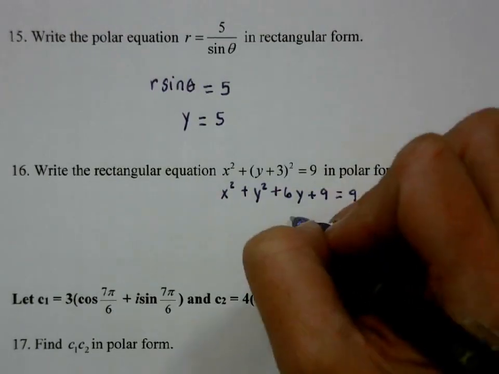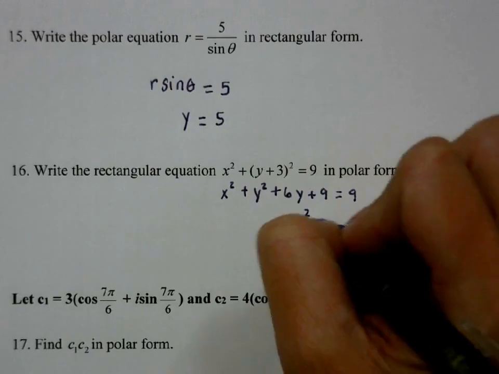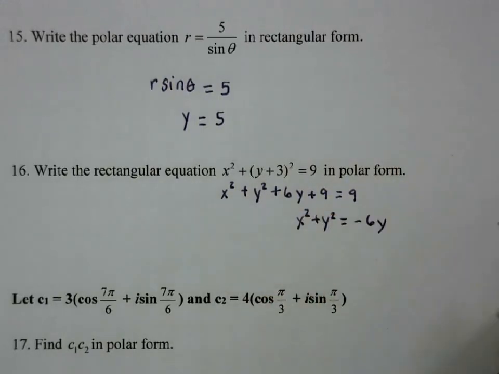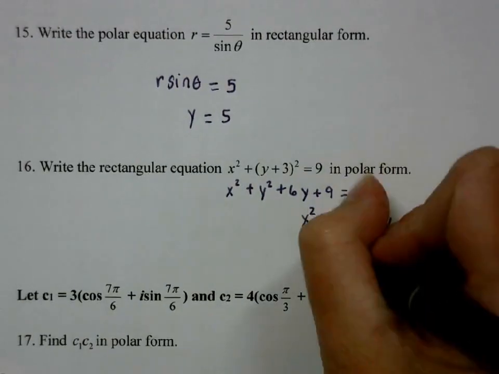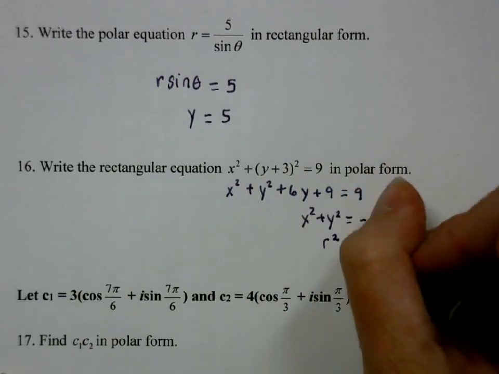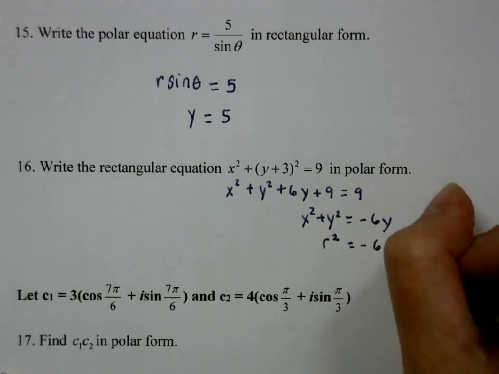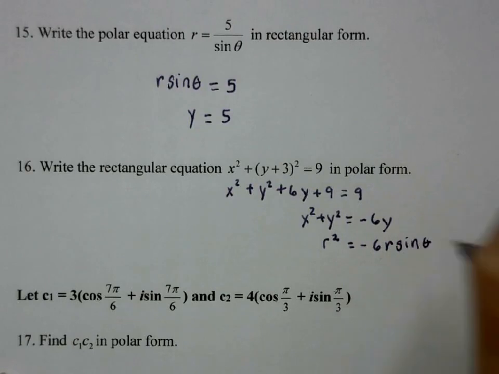Then I'm going to replace this with r squared and this with r sine theta. And then I can divide both sides by r. Again, keep in mind this is multiple choice, but that's our answer.